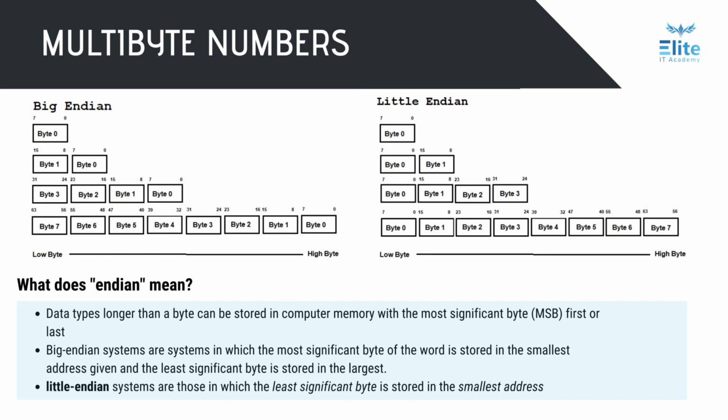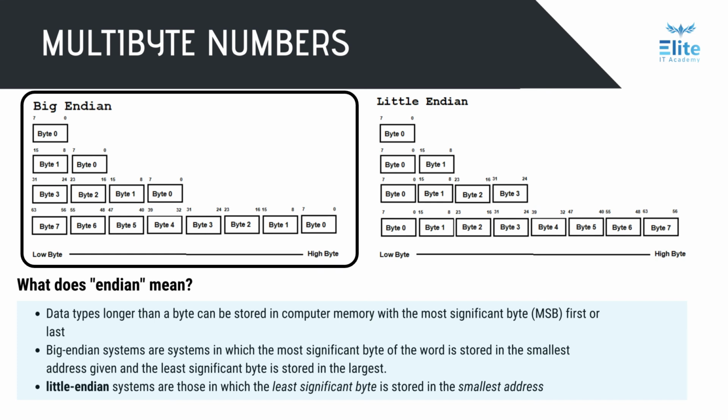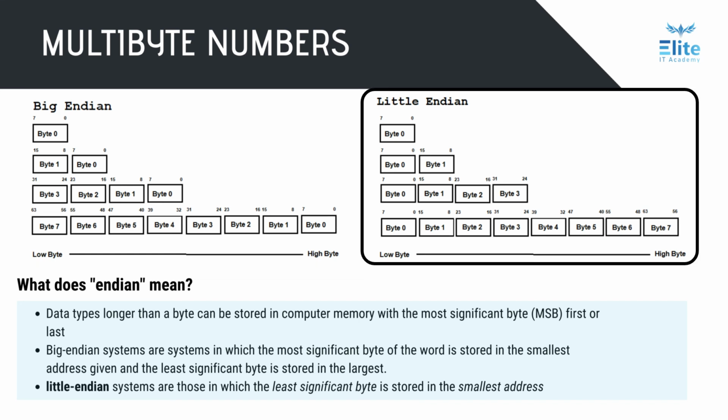The most commonly used computers today use the Little-Endian format. As you can see, in the Big-Endian format, the most significant bytes occupy low memory and the least significant byte is in high memory. On the other hand, the least significant byte occupies low memory in the Little-Endian format and the most significant byte is in high memory.